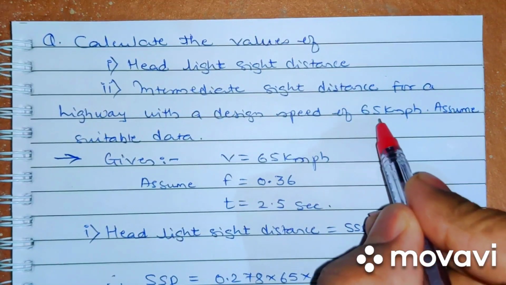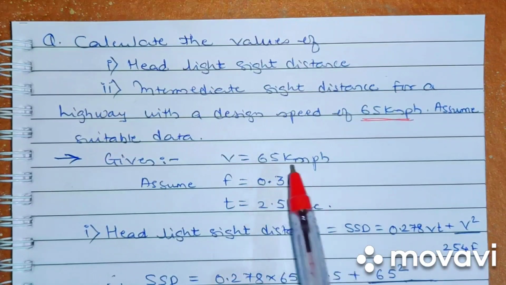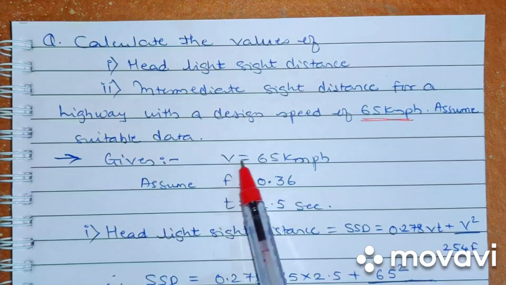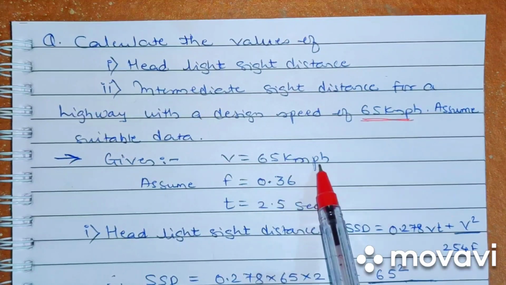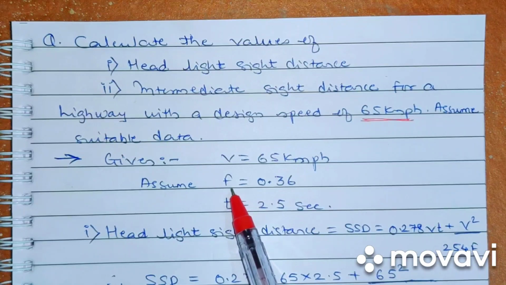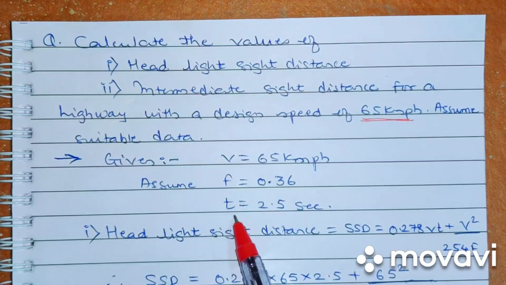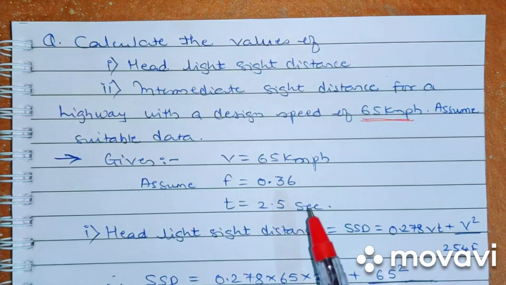We'll have to assume suitable data. So given is the velocity of 65 kilometers per hour, we'll assume the coefficient of friction f as 0.36 and reaction time of the driver t as 2.5 seconds.